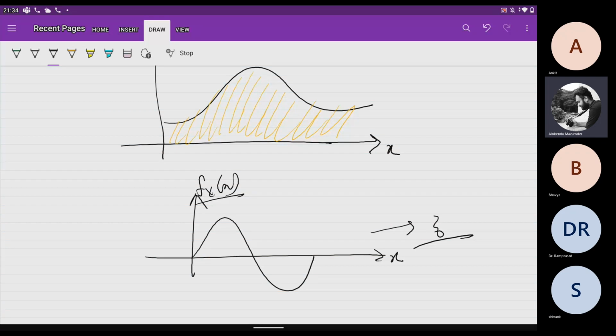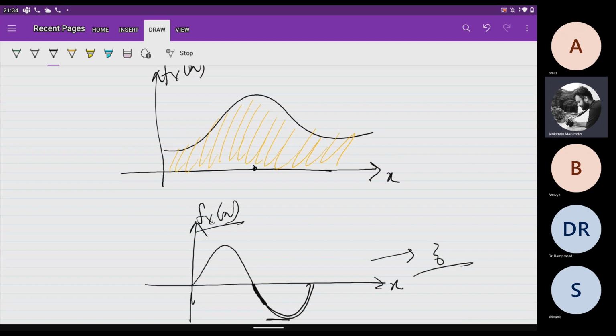Why? Because the area will get cancelled out, the crest and the trough. Yes, that's the second point. But using the first point, you can also say it cannot be a PDF. Why? Because the function is taking negative values, and probability cannot be negative. PDF is basically like you define a particular interval, and when you compute the shaded area within this interval, you have this particular probability.